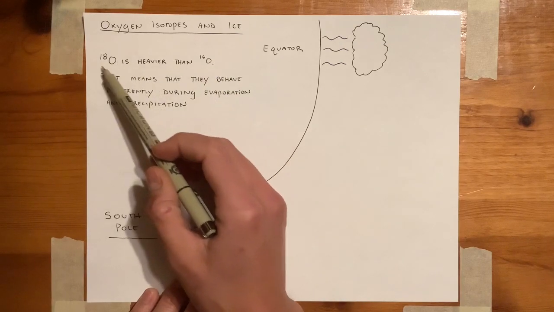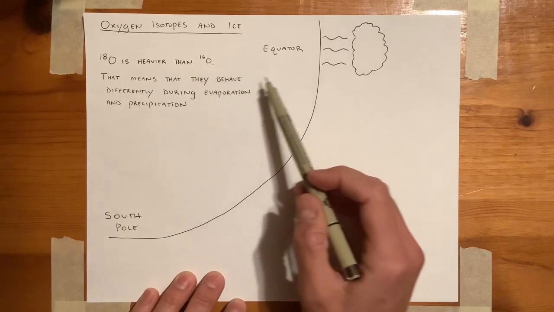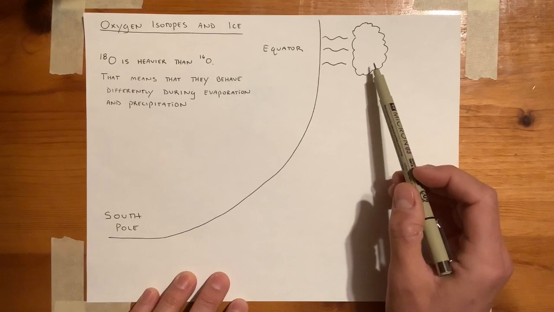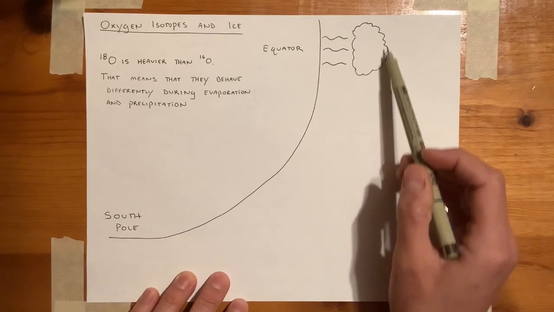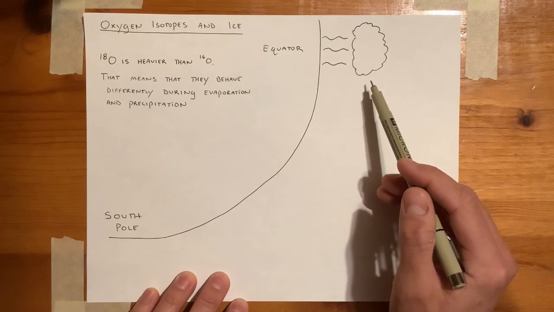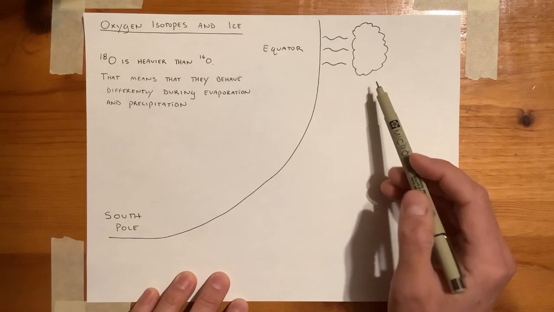They don't have very much oxygen 18 because it's heavier than oxygen 16, right? It's harder for it to be evaporated. So that means that the oxygen isotope composition of clouds is very isotopically light. There's very little oxygen 18 and a whole lot of oxygen 16 in clouds.